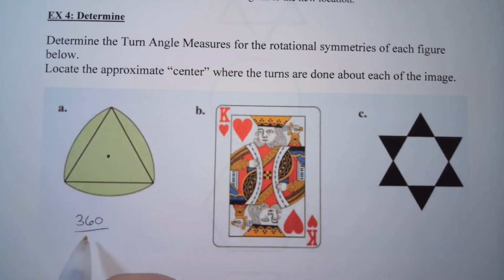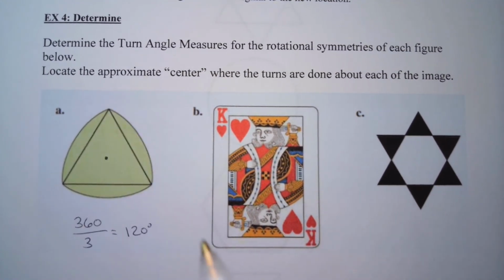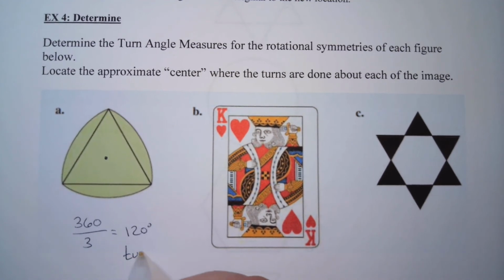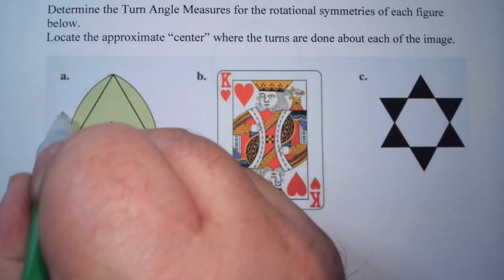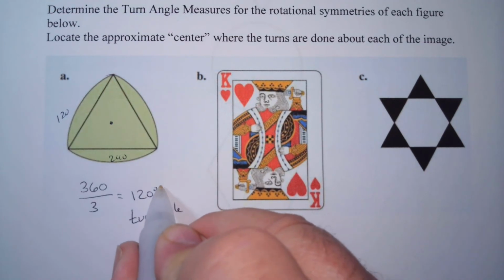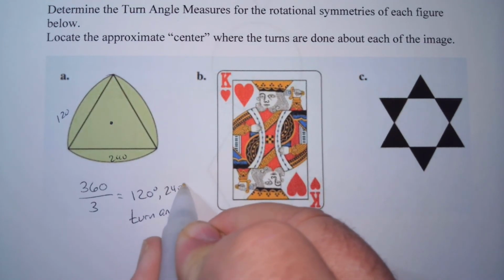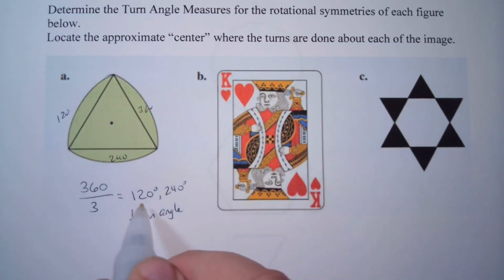I have 3, so it's 120 degree turn angle. 120, that's this one here. That's 240. And that's 360, not going to do so. These are the turn angles.